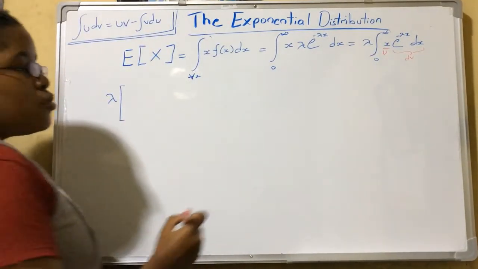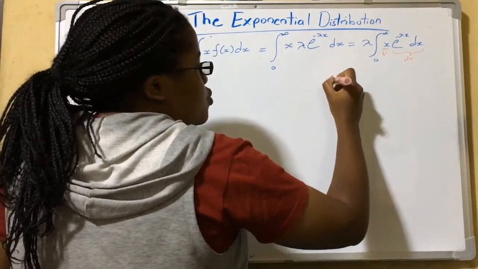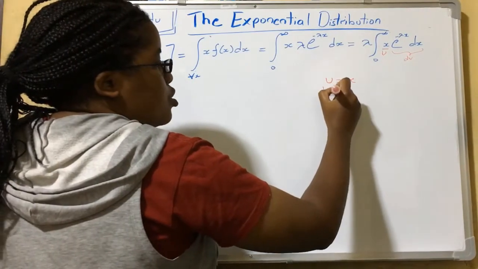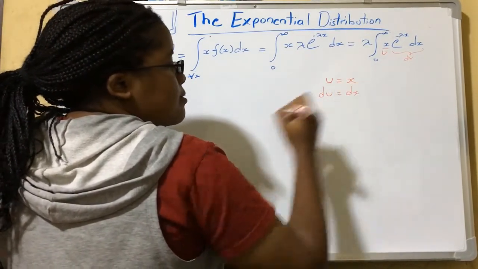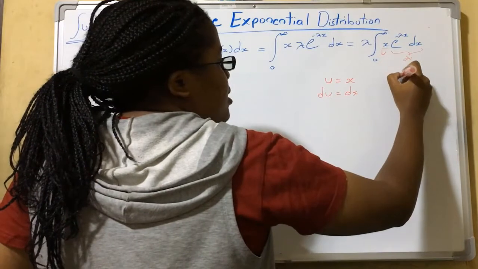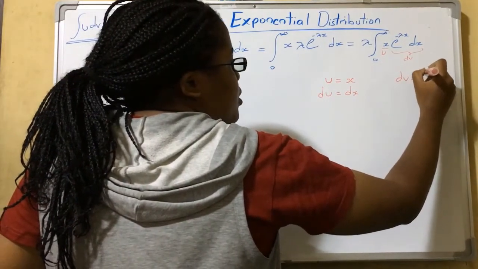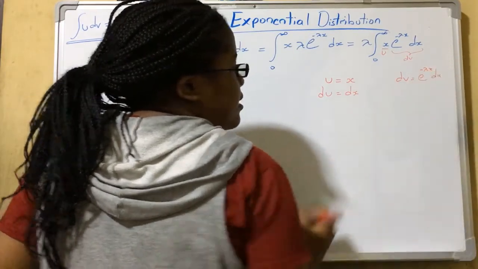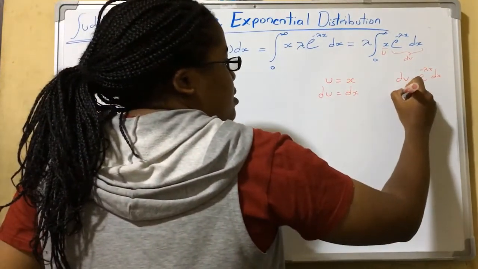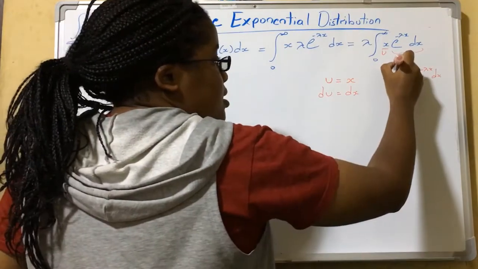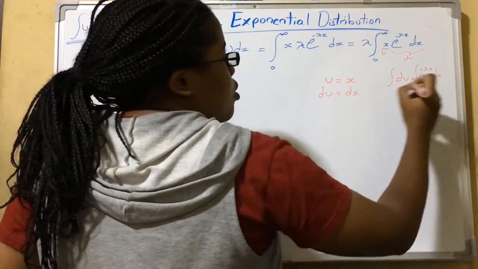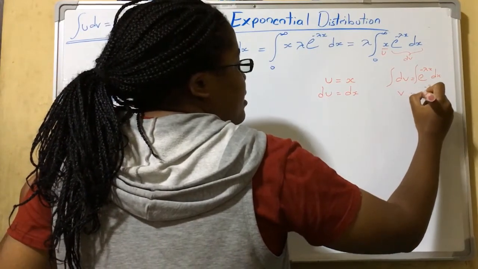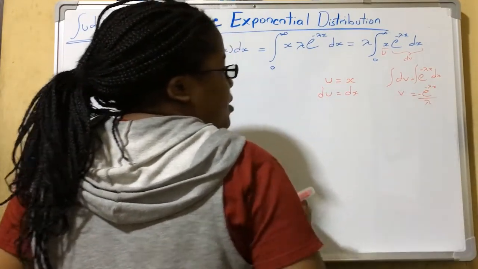In our case, if I choose my u to be x, then my du is going to be dx, and if I choose my dv to be equal to exponential minus lambda x dx, then my v, which is obtained by integrating both sides, will be equal to exponential minus lambda x, negative over lambda.